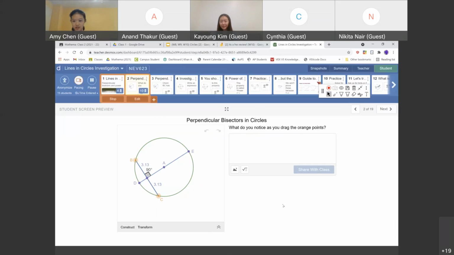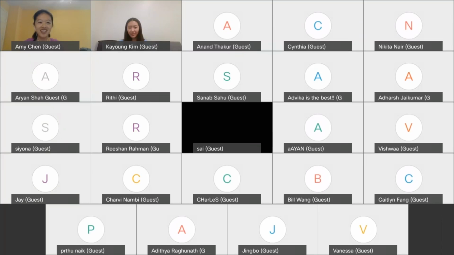Wait, can you see my notifications on my computer? Okay, that's good. I'm going to turn them off, one moment. Look, the notifications weren't even inappropriate.